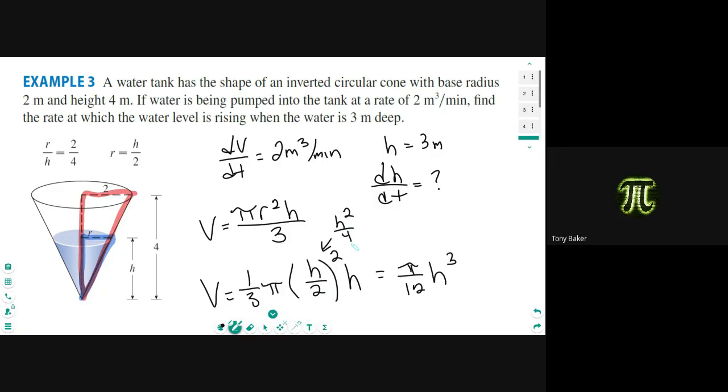That's h squared over 4. That's where the 12 came from, and the other 2 for the h.